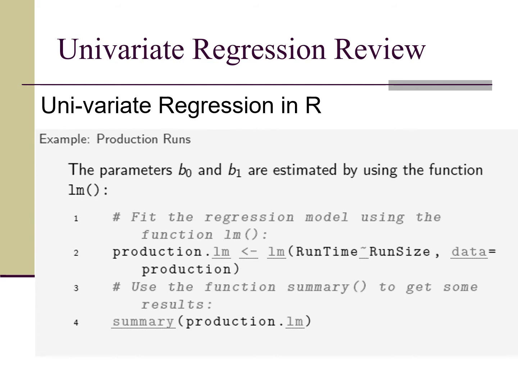Okay, so that's a very simple model, and we can use those column header names, runtime and run size, because we're going to specify that the data we're going to use is that data table production that we've already defined. Once we do that, we can then get a summary of the results. This is all similar to stuff you've seen before.